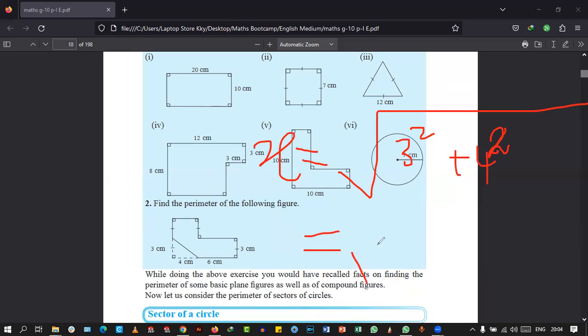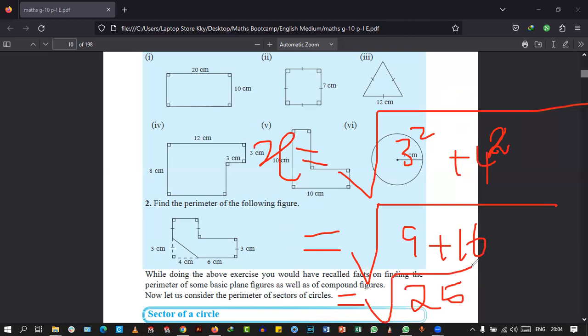So you can notice that 3 square will be 9, plus 16, and then it will be the square root of 25. And then I take the square root of that 25. That will be equal to 5. All these are equal to X. You can write it this way as well, right? Both methods are the same, in mathematics I can say.